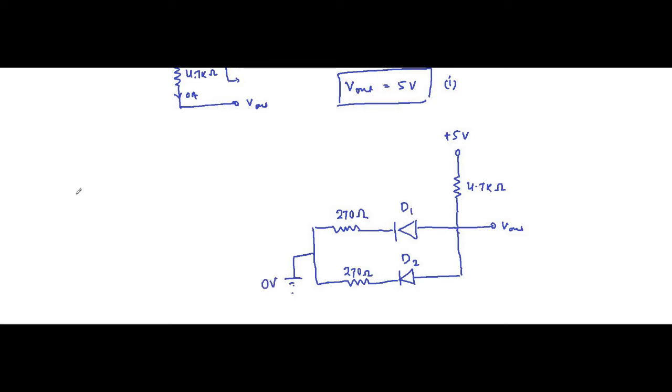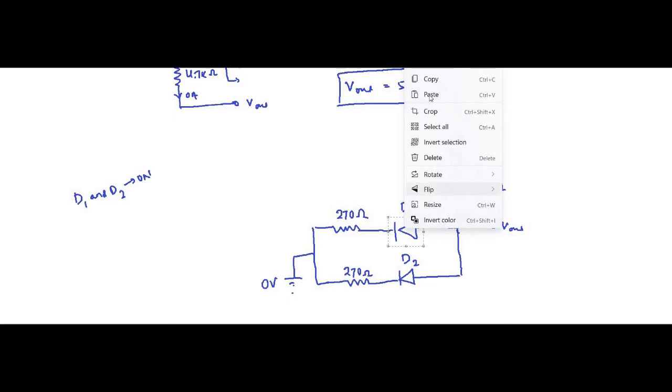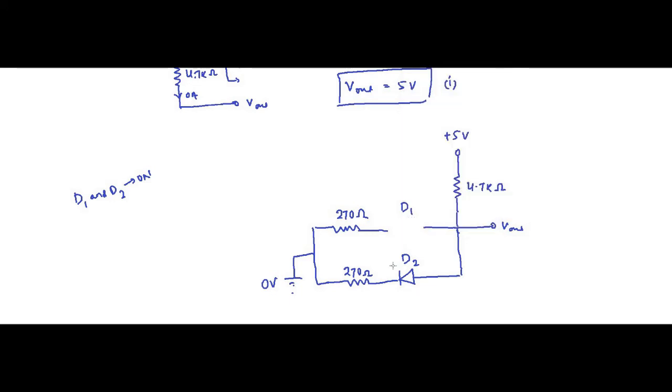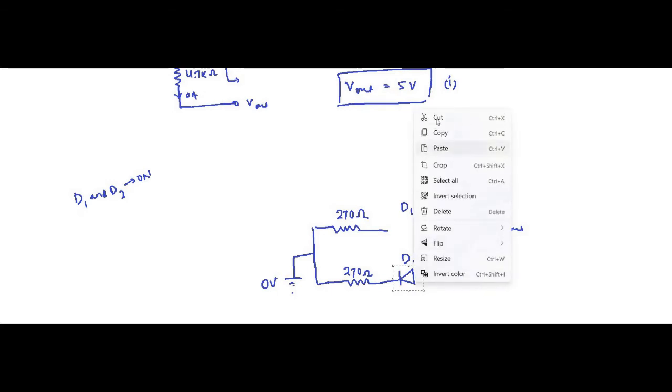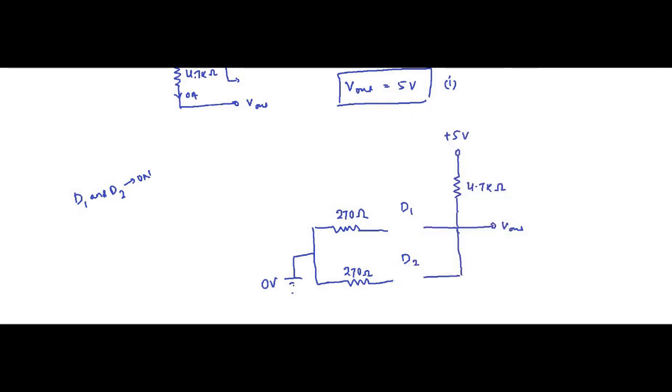So in this case both D1 and D2 will be on. On means we'll replace them with their equivalent circuit. So what is the equivalent circuit? It means we'll replace them with their built-in potential and forward resistance.